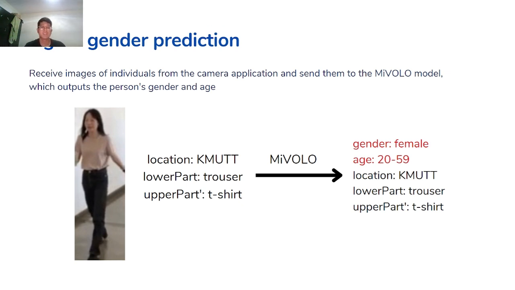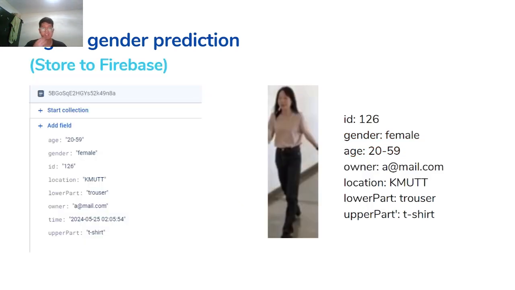The information from the camera system is the lower part and upper part data. After we send the image into the MiVOLO model, we get the gender and the age. After we get the gender, age, upper part and lower part, we save it into the database.